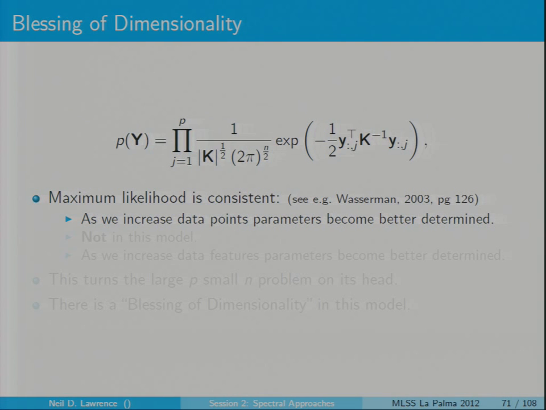That's not true here because the sampling is being done across data features. So this is consistent as you get infinite data features for a fixed number of data points. In this case, when that man comes into your office saying, I can give you 100 extra data points about that case you're interested in, you go, no, no, that will make my parameters less well determined. Don't give me any more data points.